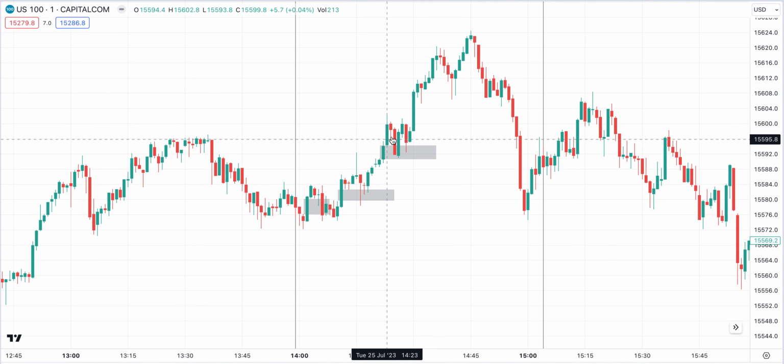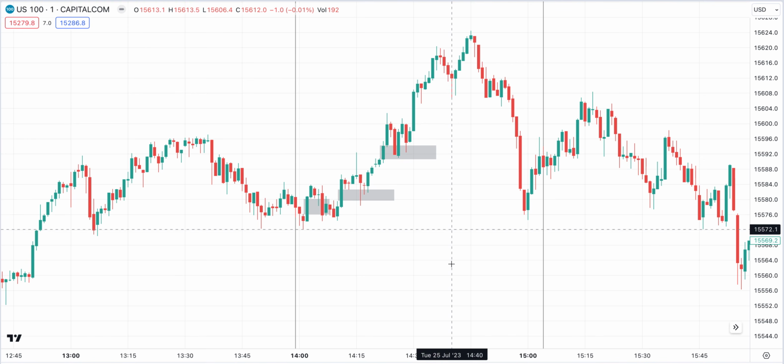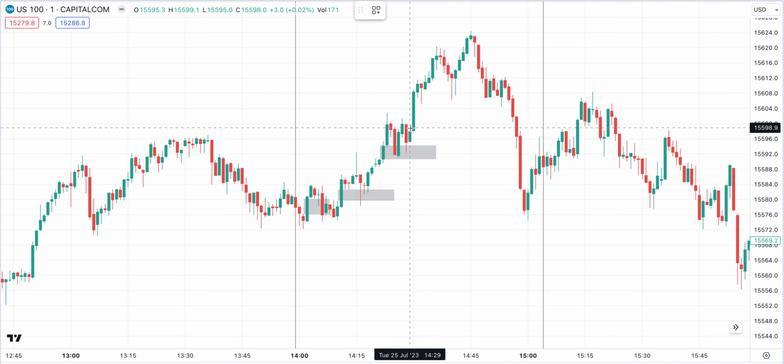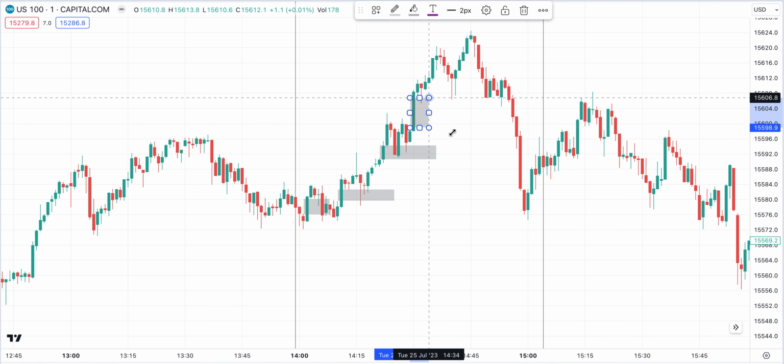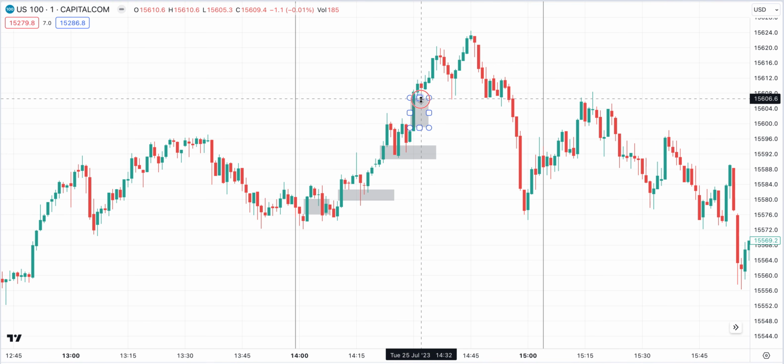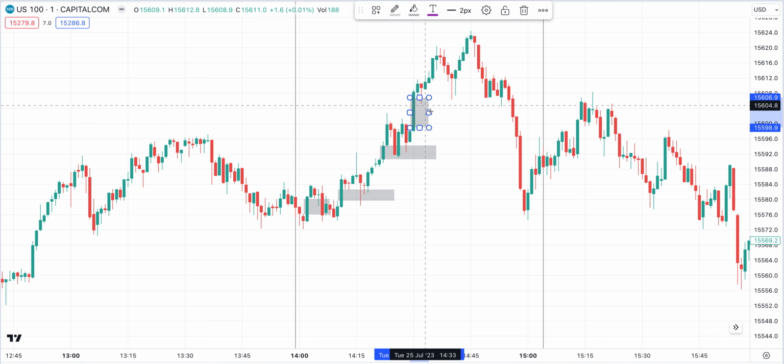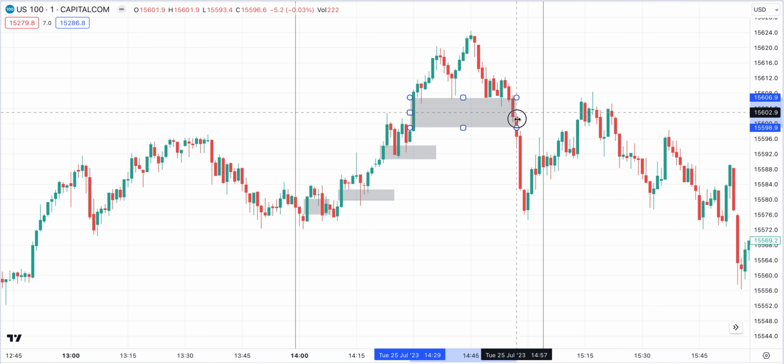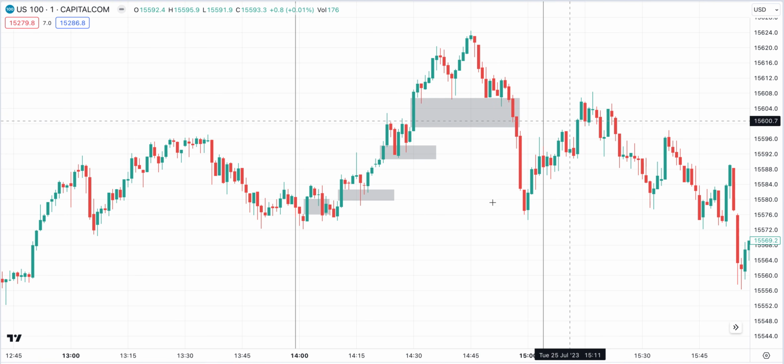There's another small gap inside there, gets violated. So I'm only looking at now the ones that don't get violated immediately. There. Still that out until it's violated.